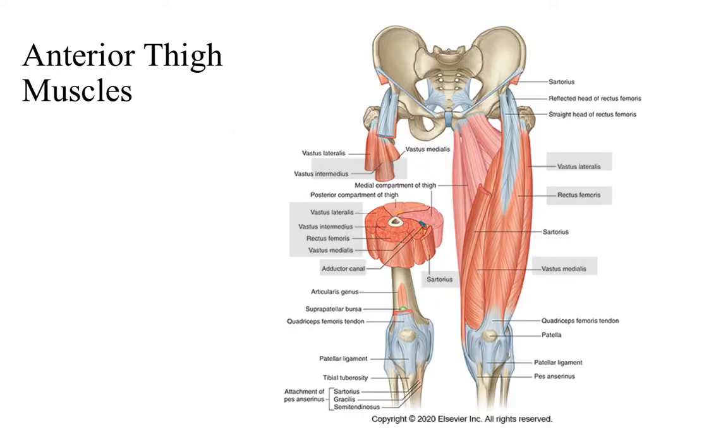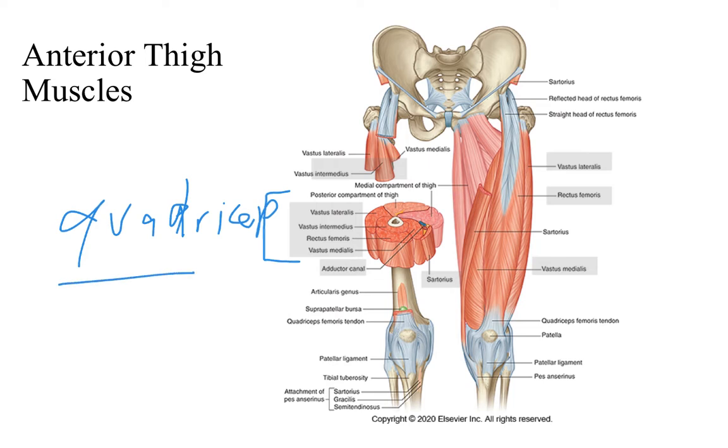All right, so we'll start with the anterior thigh muscles, and those will be outlined right here in gray. They are collectively going to be called our quadriceps, or our quadricep muscles, because there are four.